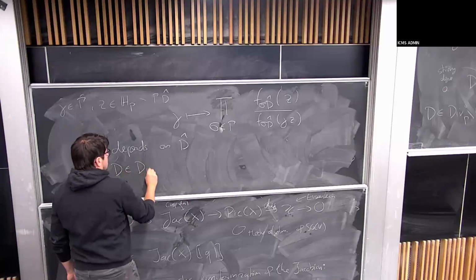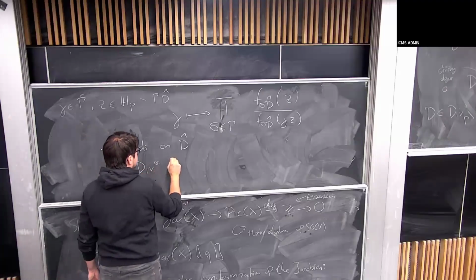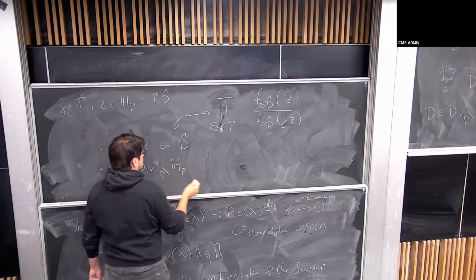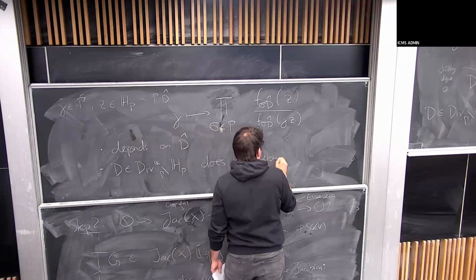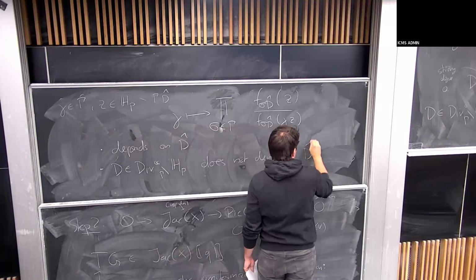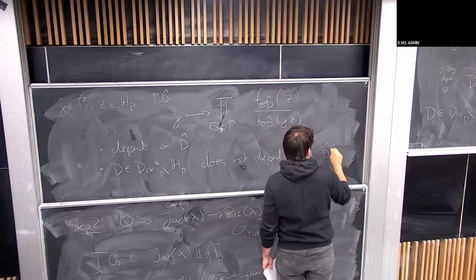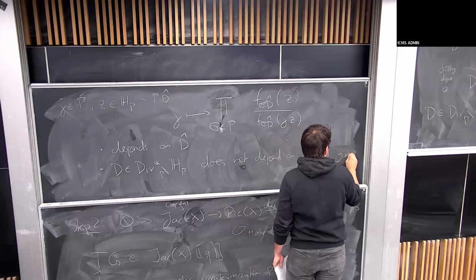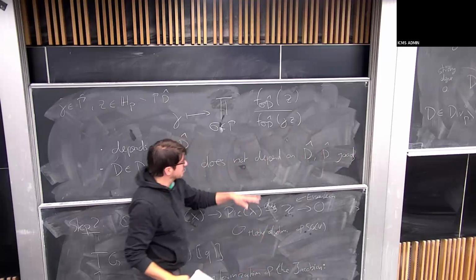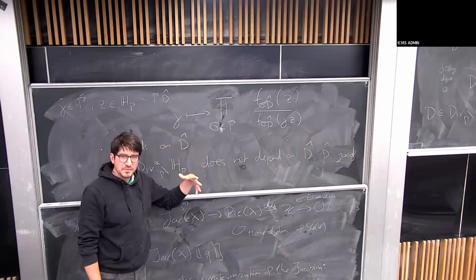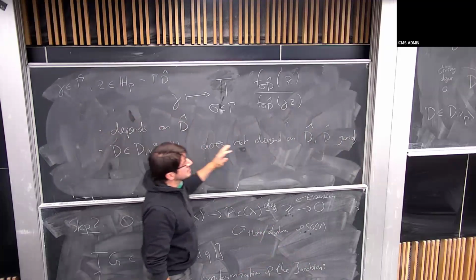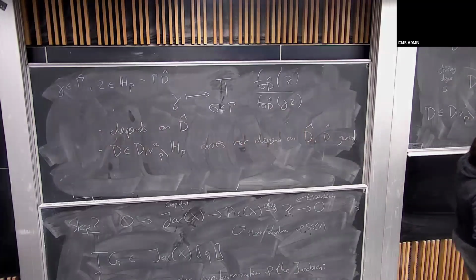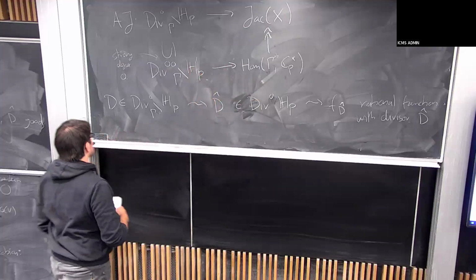But for divisors D of strong degree 0, it does not depend on this D hat if this D hat is good, by which I mean, again, this lift is of strong degree 0. And because it doesn't depend, you really get it. You can check that this defines a homomorphism, and so on.